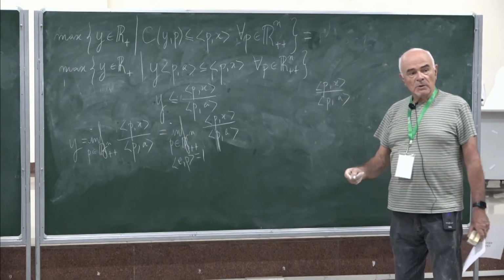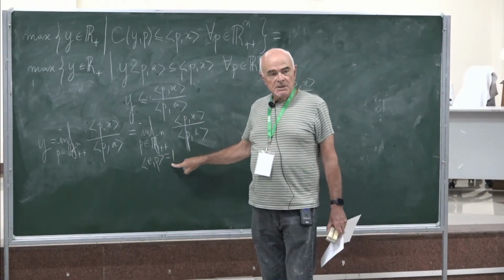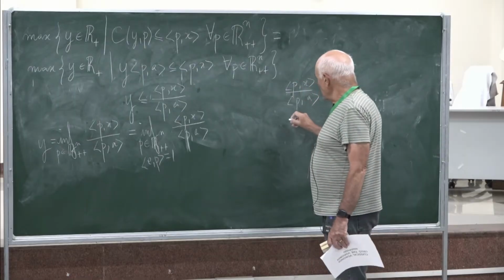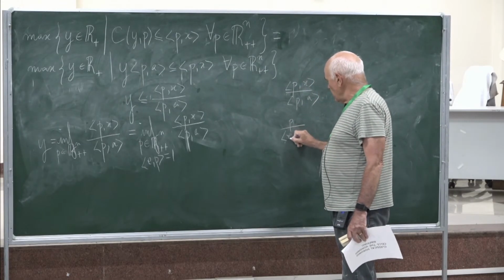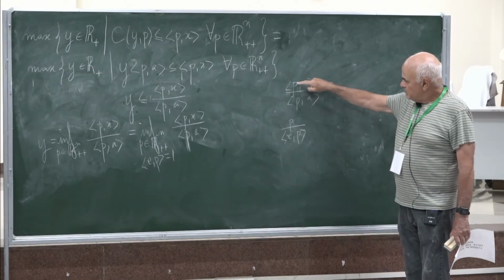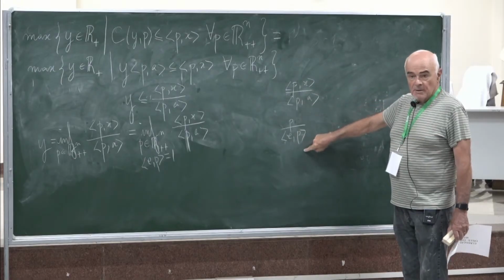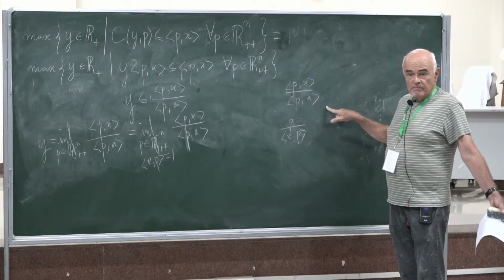Very good, but I don't like your p. I want only p's that satisfy this equality. Then what do I do? Instead of your p, I consider your p divided by e transpose p. Then if I replace p here and there with my p, then I obtain the same value.